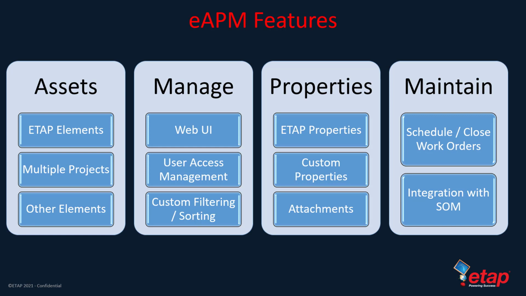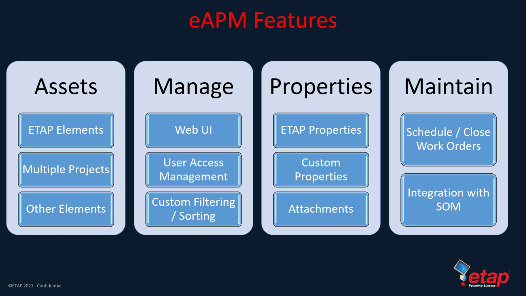So you can bring those into your asset management platform. You can manage everything through the same web UI. There's user access management built into it, and there's custom filtering and sorting for any information that you want to see, and it is all saved to your own user profile.